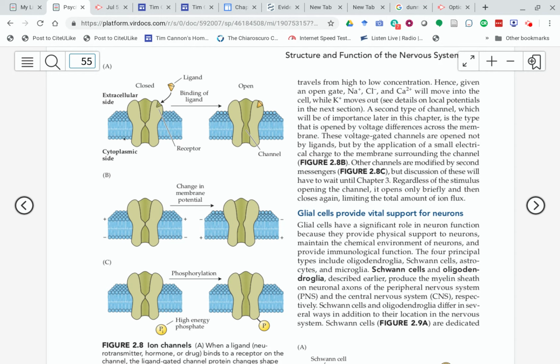And if they stand together, transmembrane, they can produce a channel or a pore, which could be closed, as is the case here, or it could be open, as is the case here. Ligands were mentioned in the first chapter. Here's a ligand binding with, notice, by the way, the receptor is a tiny part of this receptor complex.